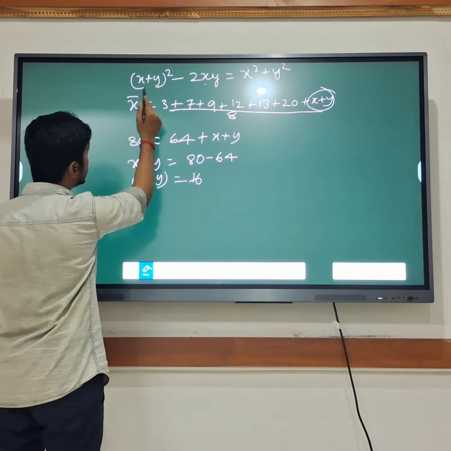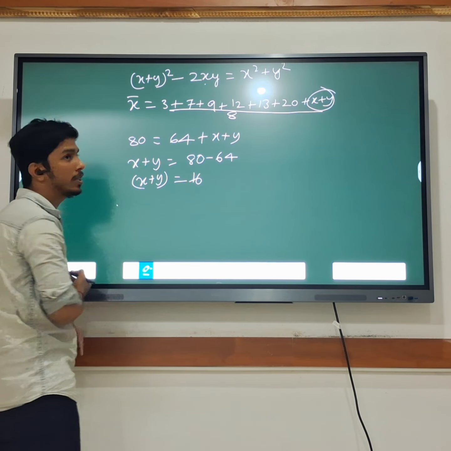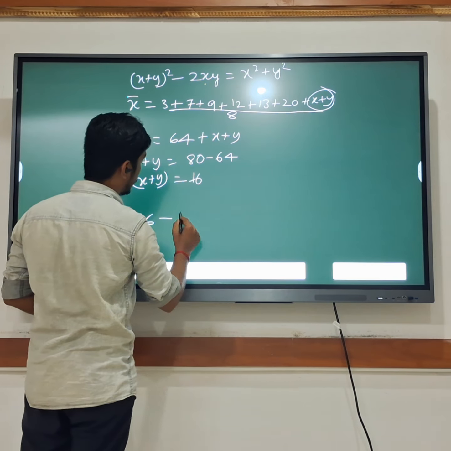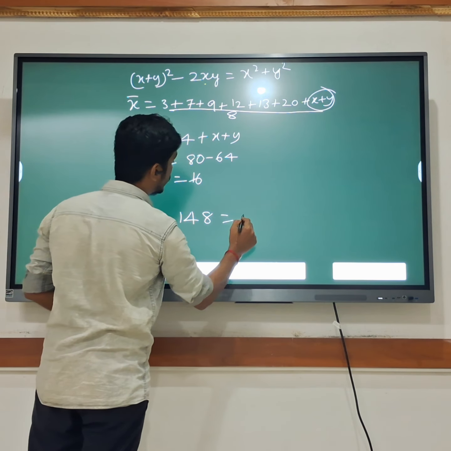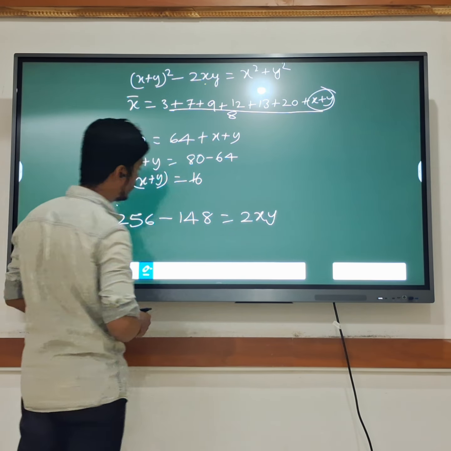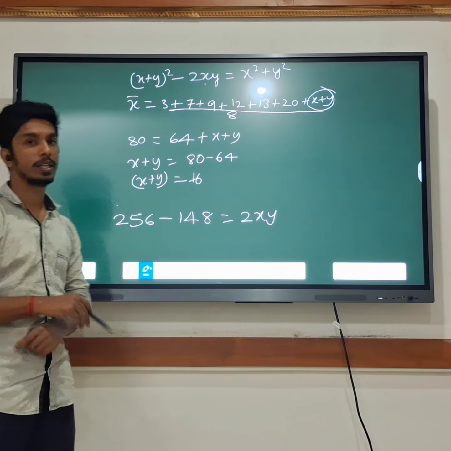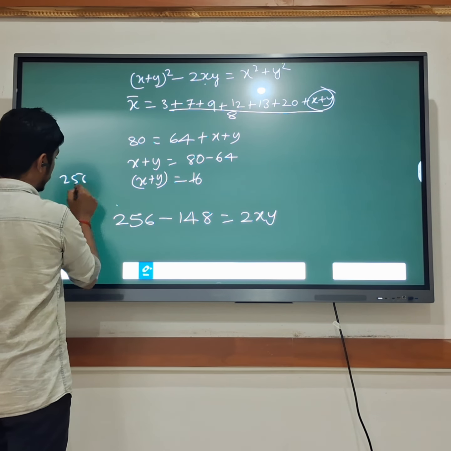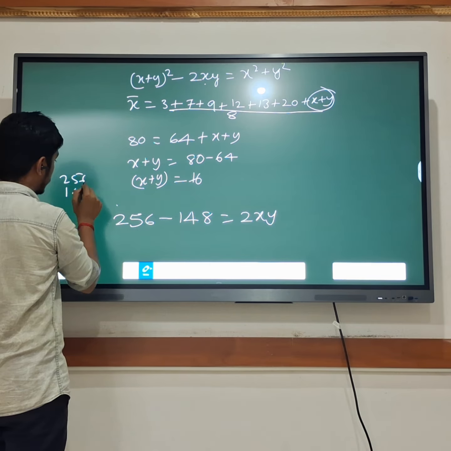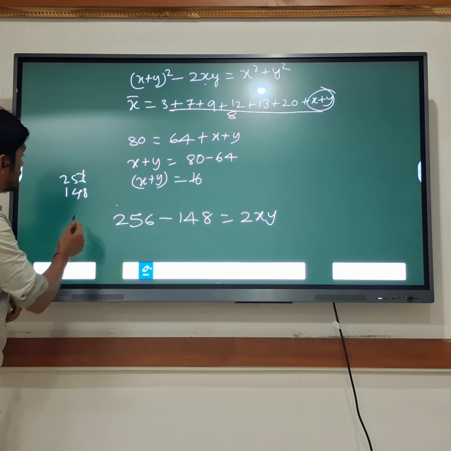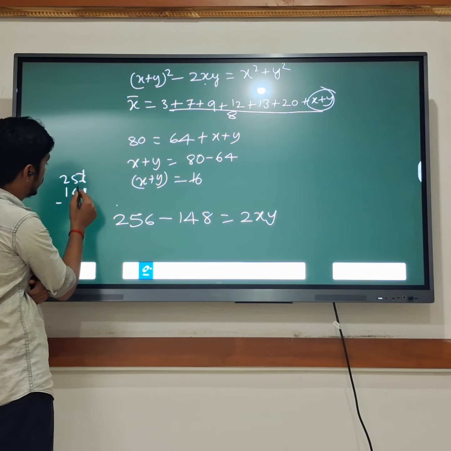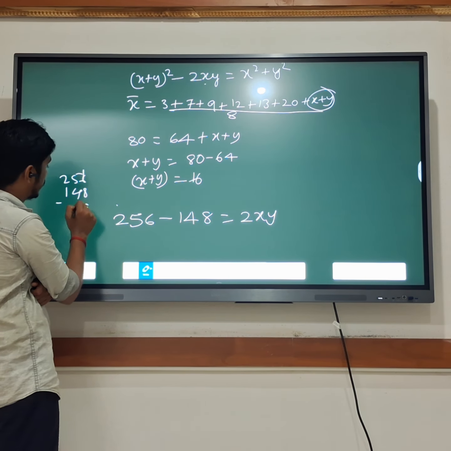So x plus y square means 16 square, which is 256, minus 148, is equal to 2 into xy. Correct? 256 minus 148.